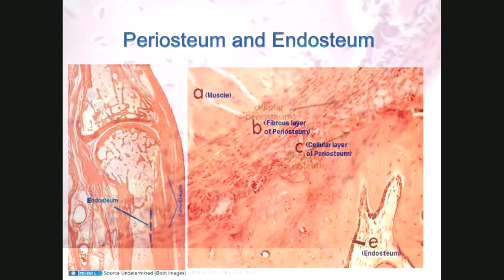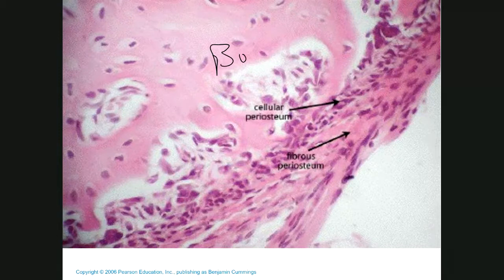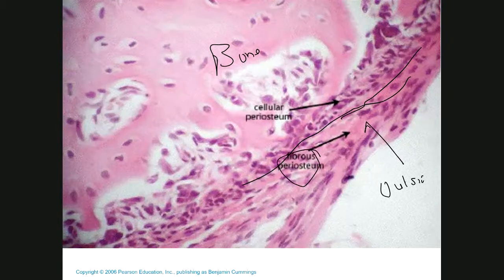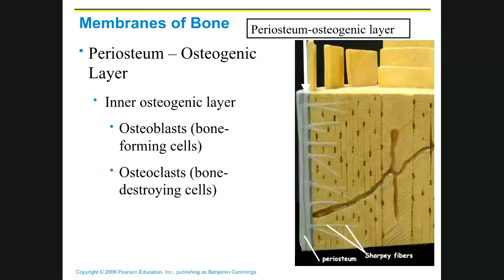Here's another picture. Here's bone over here. And here's the outside out here. So it's this layer that's facing the outside. It's this layer. That's the fibrous layer. Thick, tough, strong.